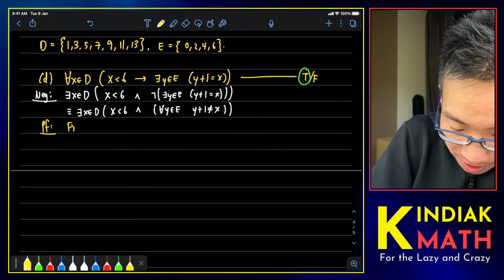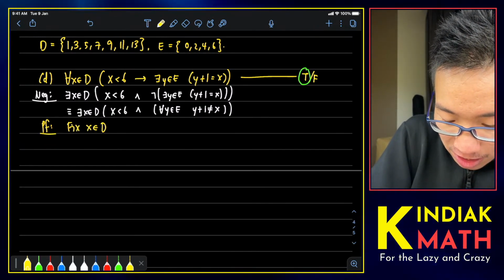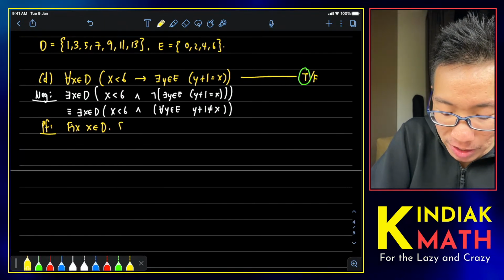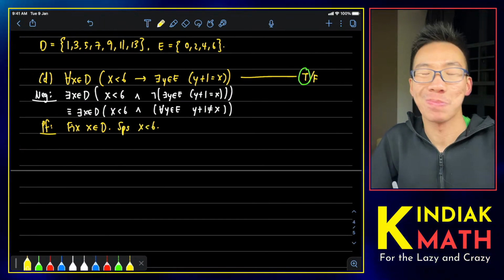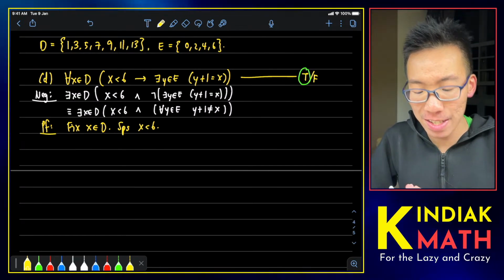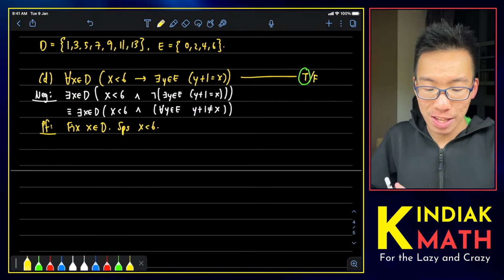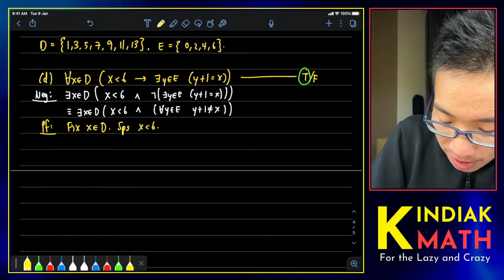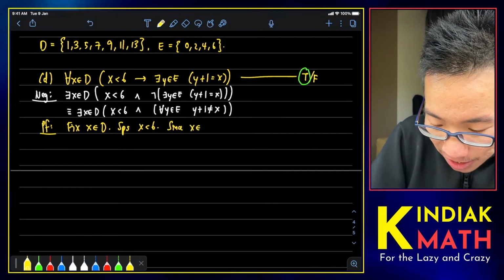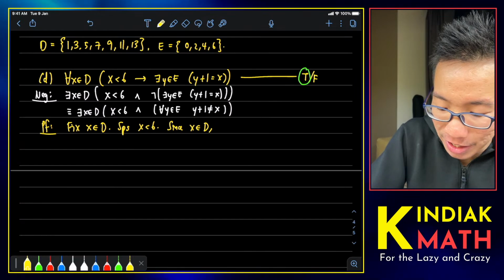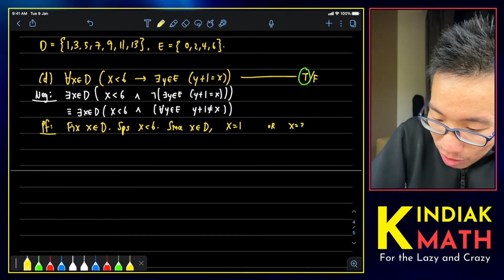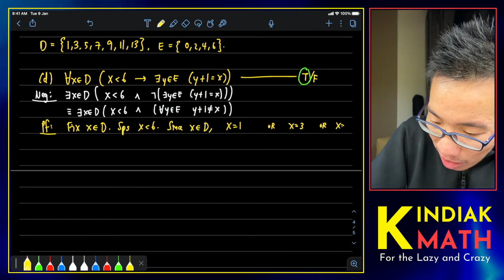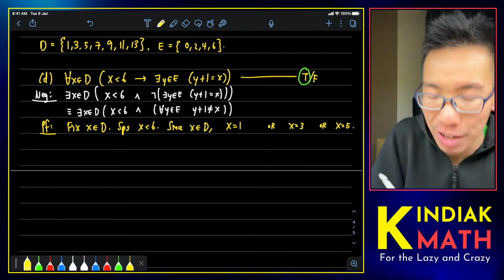So my guess is that it's true and we're going to prove it. We need to fix x in D and we will make the assumption that x is less than 6. Now if x is more than 6, no one cares. But if x is less than 6, then since x lies in D, we have either x equals 1 or x equals 3 or x equals 5.